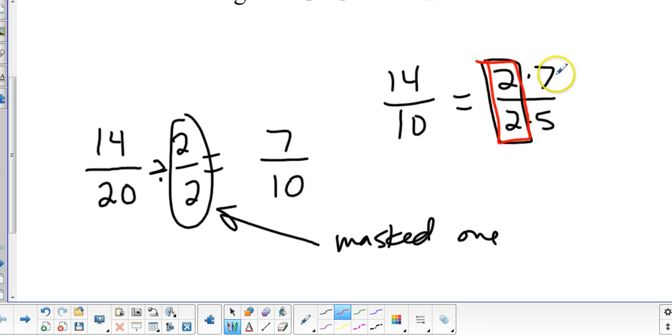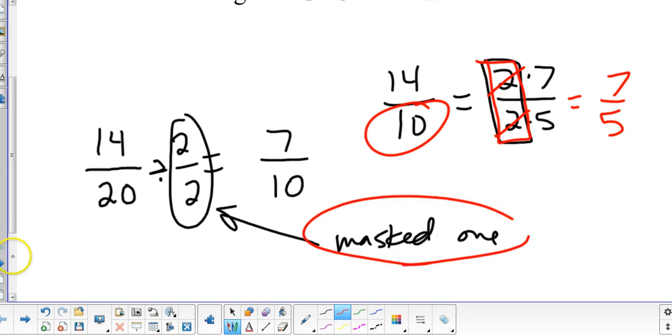So it's really 1 times 7 over 5, which would be 7 over 5. This is a different fraction altogether. Duh, I started with that. So again, sometimes we say we're canceling out a common factor in the numerator and denominator. But what you're really doing is dividing by that masked 1.